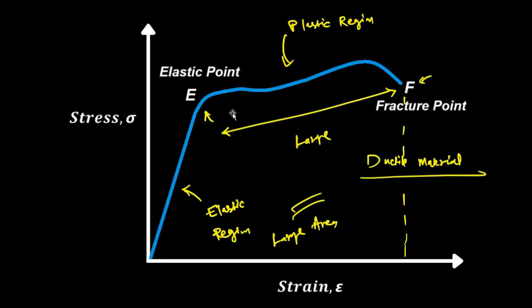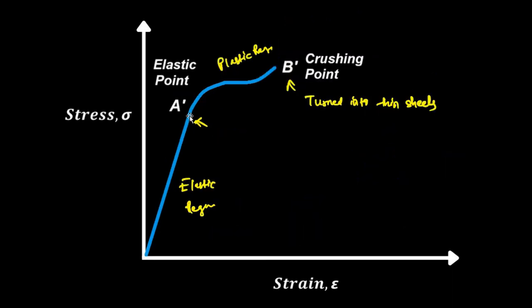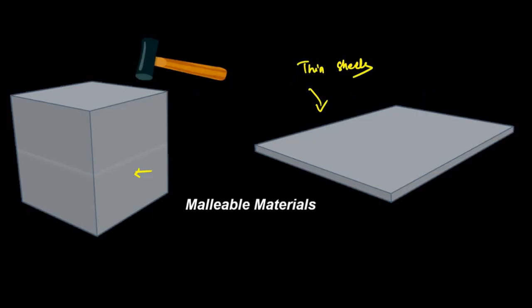Ductile materials can withstand higher levels of stress beyond the elastic point and undergo large strain changes in length or dimension. For malleability, once the elastic point is crossed, they enter the plastic range, up to a certain point where the crushing point is reached, where they can be turned into thin sheets.